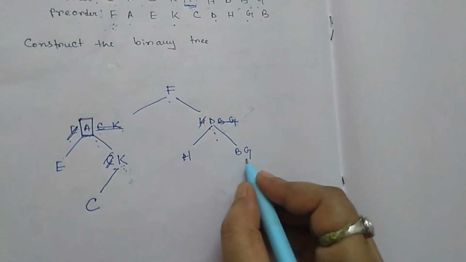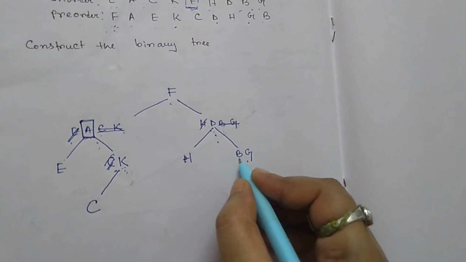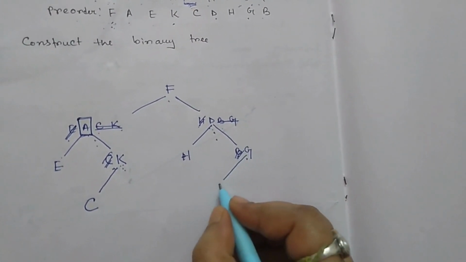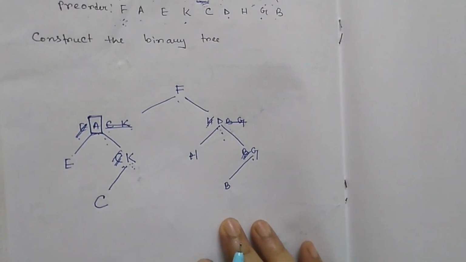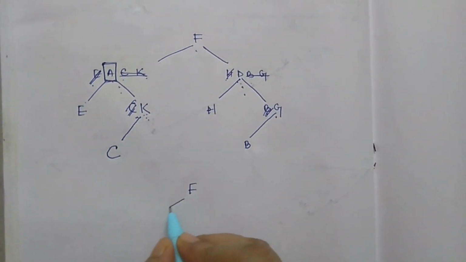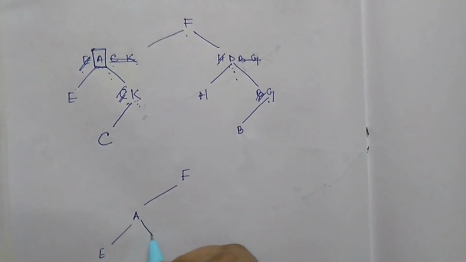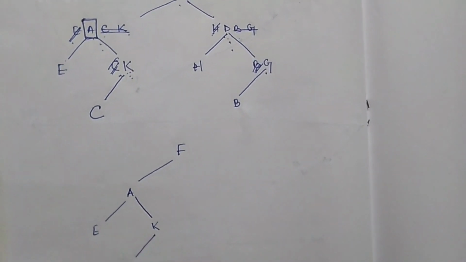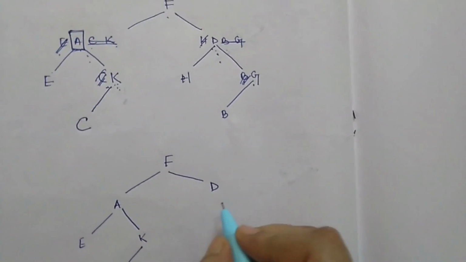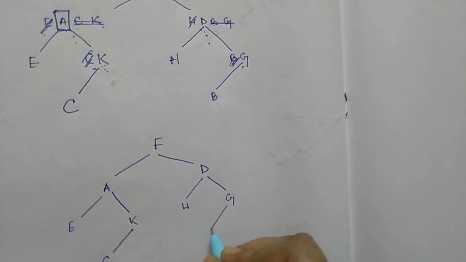For that reason, G is the second root of the right subtree, and B is situated in the left position of G. So the final structure of this binary tree is F, A, E, K, C. Here on the right, D, H, G, B.